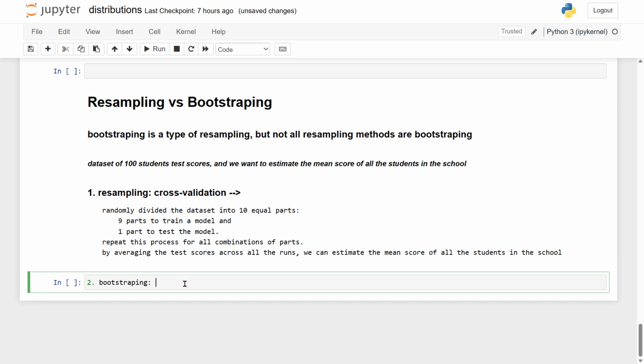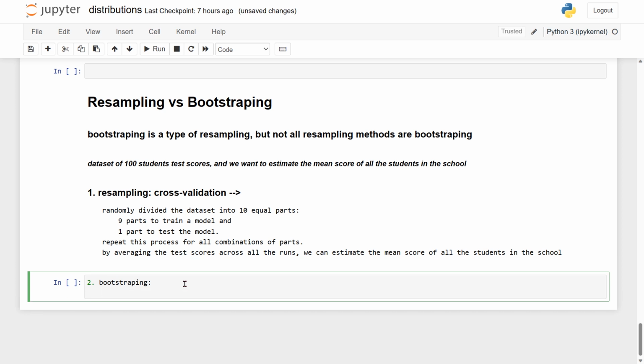For example, we could randomly draw a sample of 20 scores from the dataset with replacement.